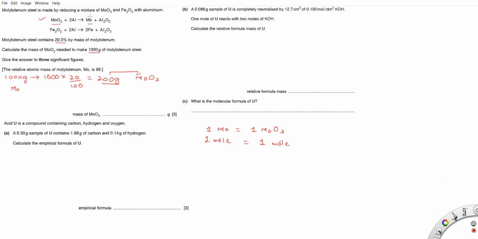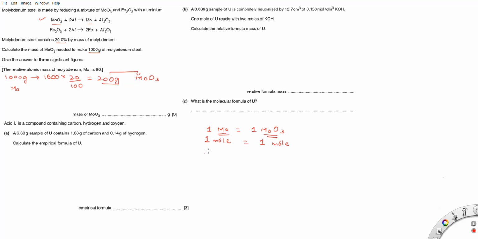Had it been 3 here, as you can see, this is 2. So I can write 2 moles of aluminium are reacting with 1 mole of molybdenum oxide. Since aluminium is not to be catered in the given question, so we can start up with molybdenum and molybdenum oxide. So it says 1 mole molybdenum gives 1 mole of molybdenum oxide. This side represents molybdenum, the other side represents the other component, that is molybdenum oxide.